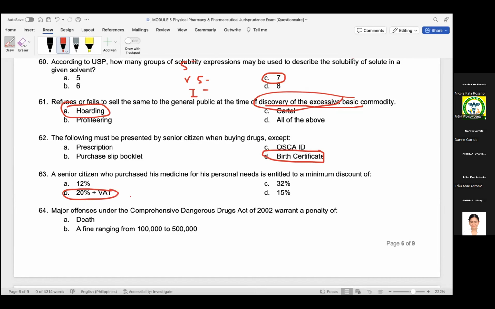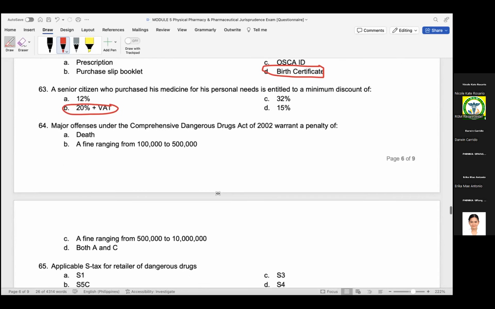Next, number 64. Major offenses under the Comprehensive Dangerous Drugs Act of 2002 warrant a penalty of A, death, B, a fine ranging from 100,000 to 500,000, C, a fine ranging from 500,000 to 10 million, or D, both A and C. What is the answer?